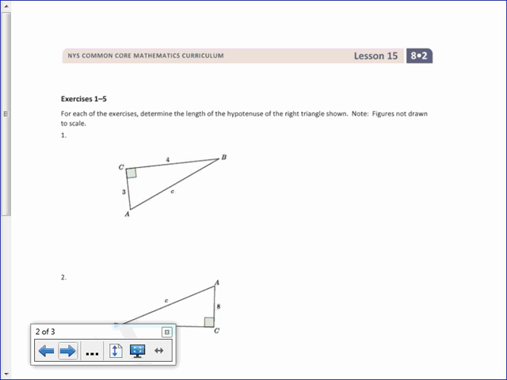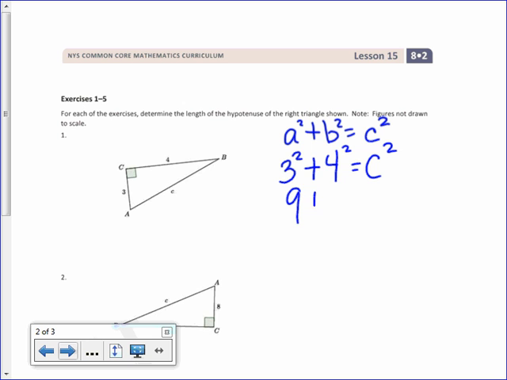Okay? We're going to work through a couple of example problems together. We're going to determine the length of the hypotenuse. Okay? So we're going to use the Pythagorean theorem. So A squared plus B squared equals C squared. A, we're going to substitute in 3 squared plus B, we're going to substitute 4 squared equals C squared. 3 squared is 9 plus 4 squared is 16 equals C squared. 9 plus 16 is 25.